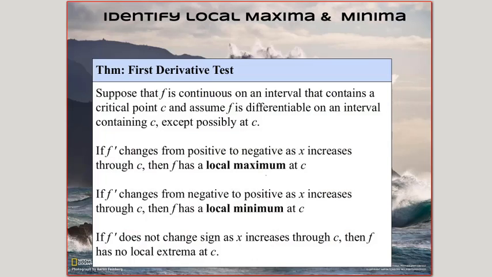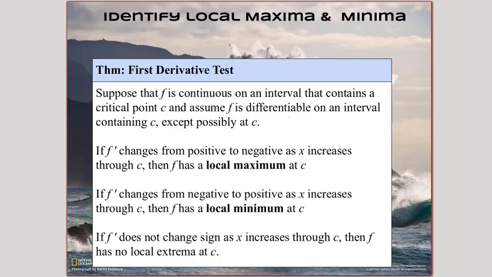Okay, so this is what we call the first derivative test. Suppose that f is continuous on an interval that contains a critical number c, and assume that f is differentiable on an interval containing c, but maybe not at c. So it's differentiable around c, but maybe it's not differentiable at exactly c. So if the derivative changes from positive to negative as x increases through c, then f must have a local maximum.